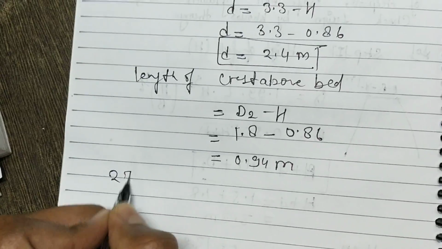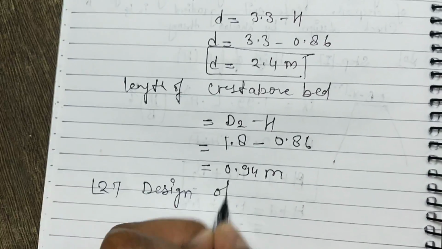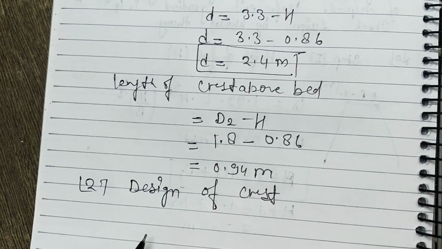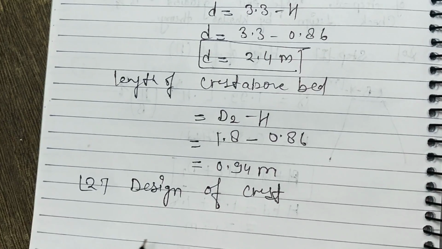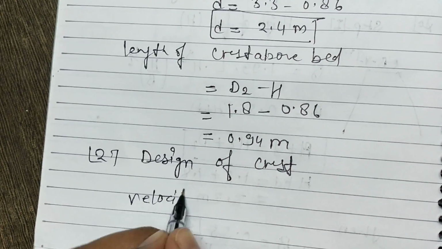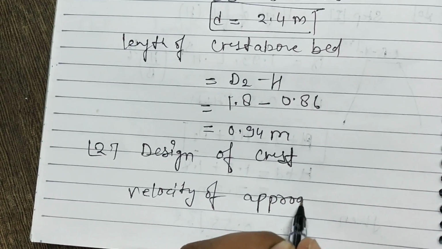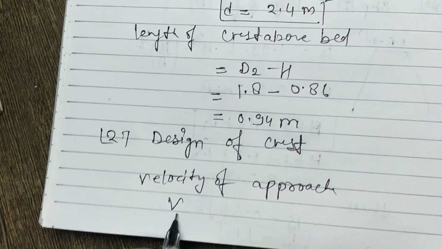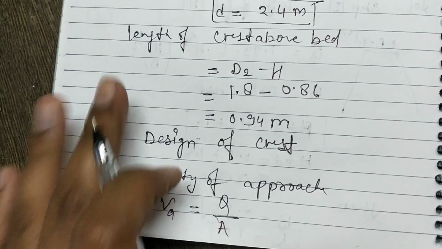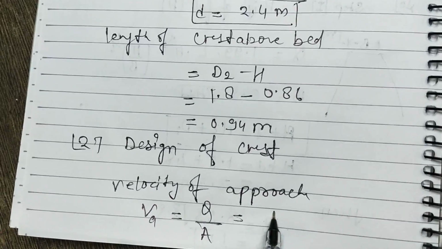Okay, the second step is design of crest. For trapezoidal shape, at first we will find out the velocity of approach, which is VA, the ratio of Q and A, discharge and area, Q upon A. What is discharge?